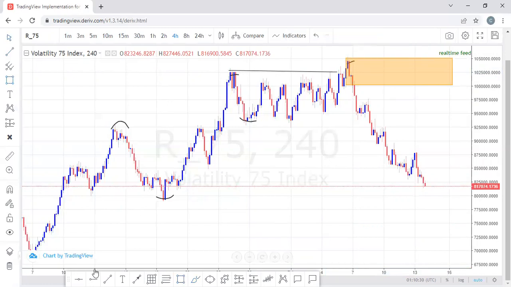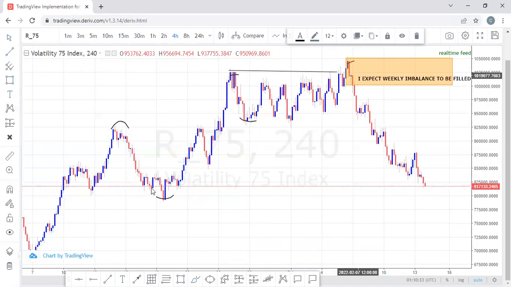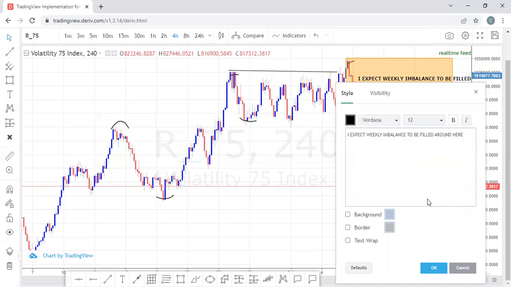So that's a potential area for redistribution. We're looking for redistribution in this region here. I expect the market to give us this.